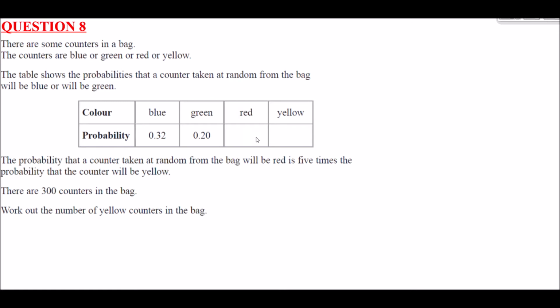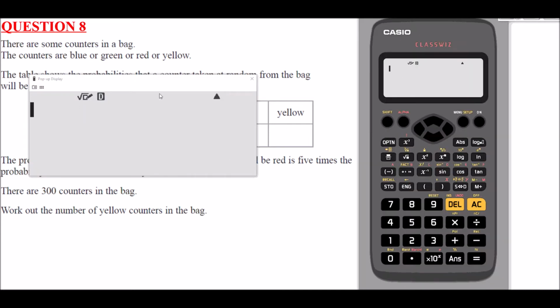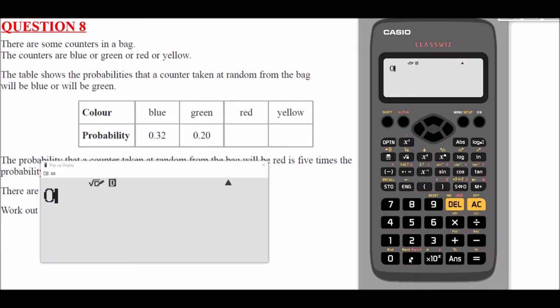So these four numbers here, we don't know red and yellow yet. When we add them all together, that needs to give us 1. So far we've got 0.32 plus 0.20, which gives us a total so far of 0.52. Therefore, we can work out the sum of red and yellow by thinking that red and yellow must add to the 0.52 to give us 1.